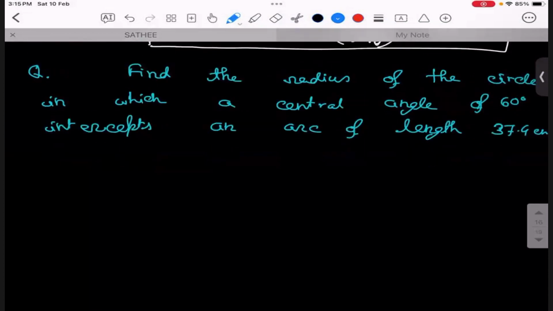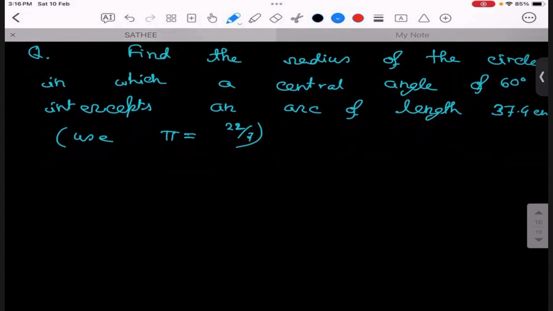Here you can use 22 by 7, as usually pi is taken as 22 by 7.